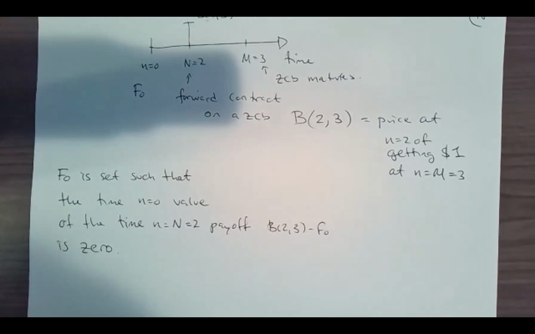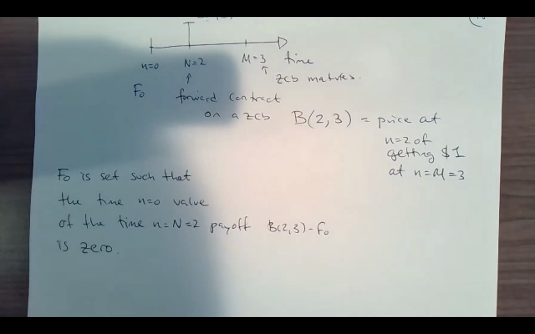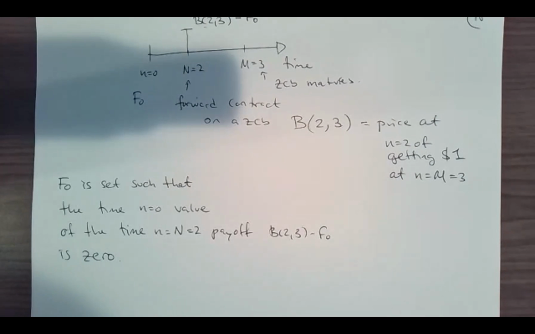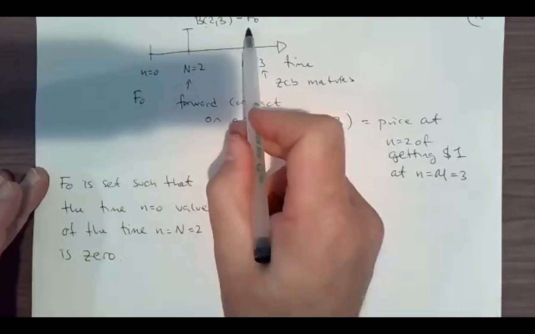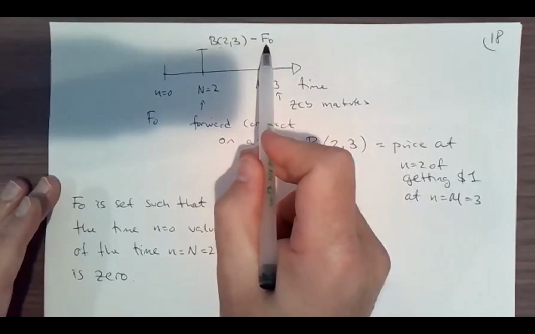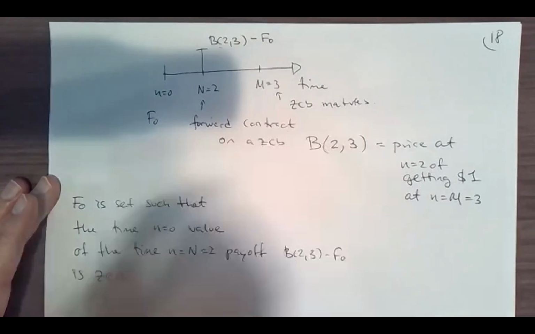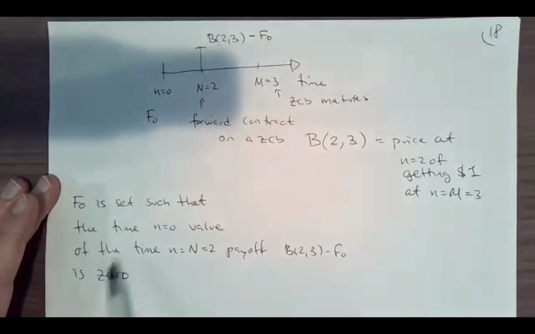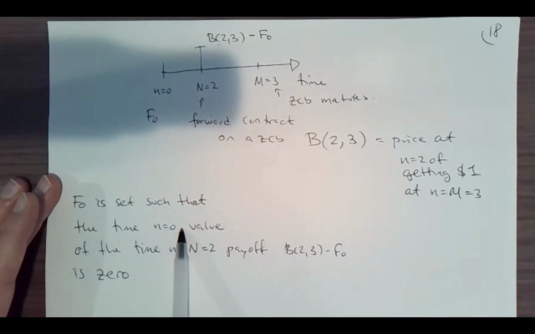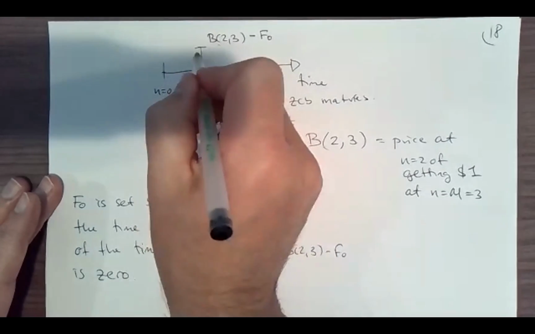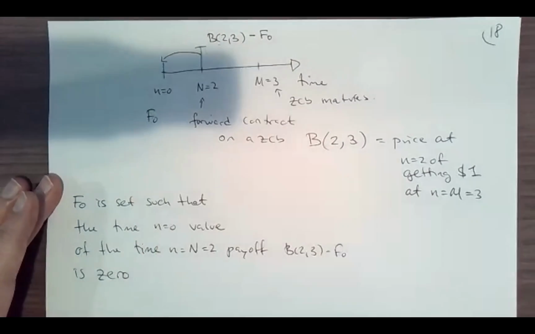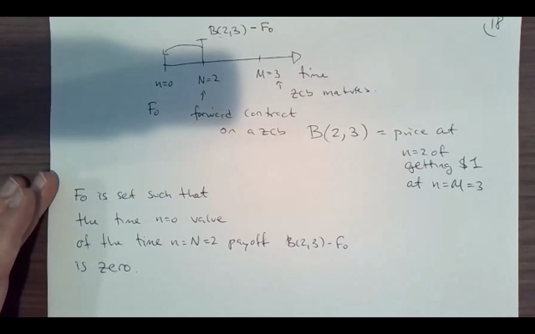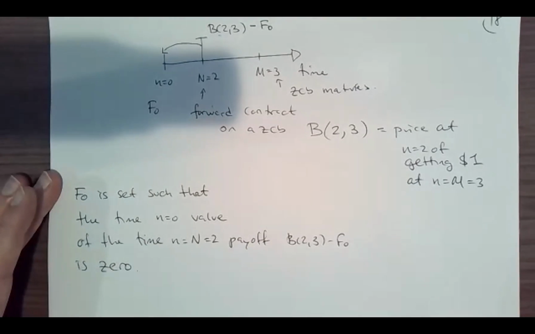Right, that's what a forward is. This is a forward, not a futures, right? So F0 is this constant that partially determines the payoff. That constant is set such that the time zero value, so when we roll this value over to here, you're going to get a 0.